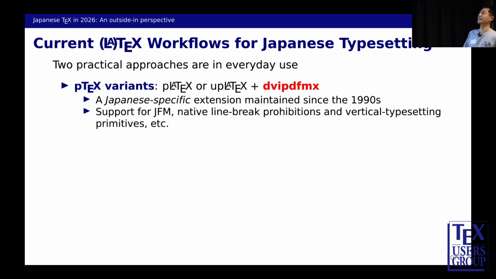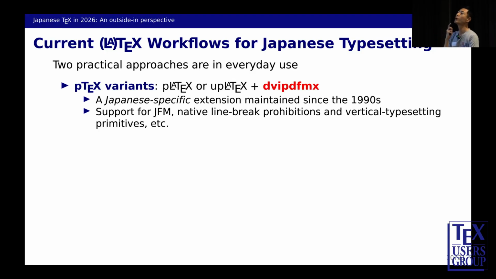The first, and I'm afraid it's still the dominant workflow in Japan, which is quite ancient technology, is the pTeX variants plus DVIPDFMX workflow. It's even older than pdfTeX because it produces DVI instead of PDF.